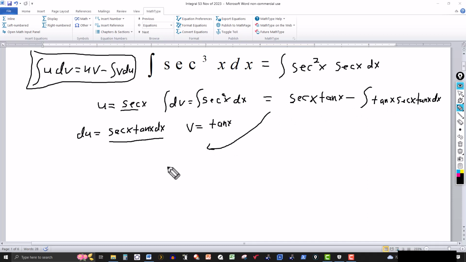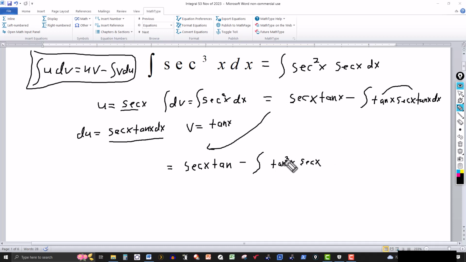So equals, the first part is still the same, secant of x tangent of x, and then minus the integral here of tangent squared of x secant of x. Multiplying the tangent and the tangent, we get tangent squared here.